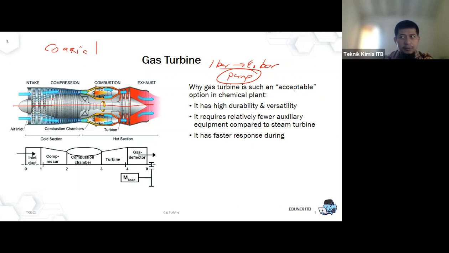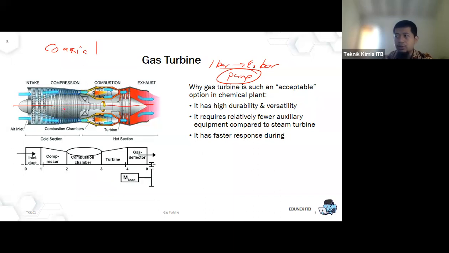We don't put aluminum in there. Simple aluminum, no, it will melt. In fact, the material used in gas turbine is much more expensive compared to the steam turbine one.